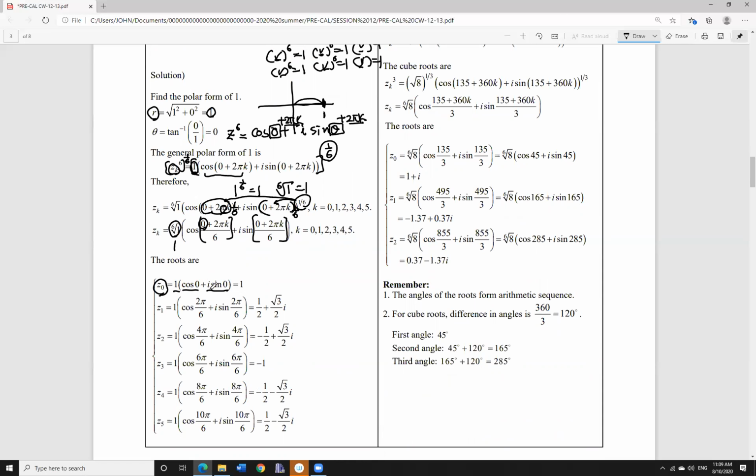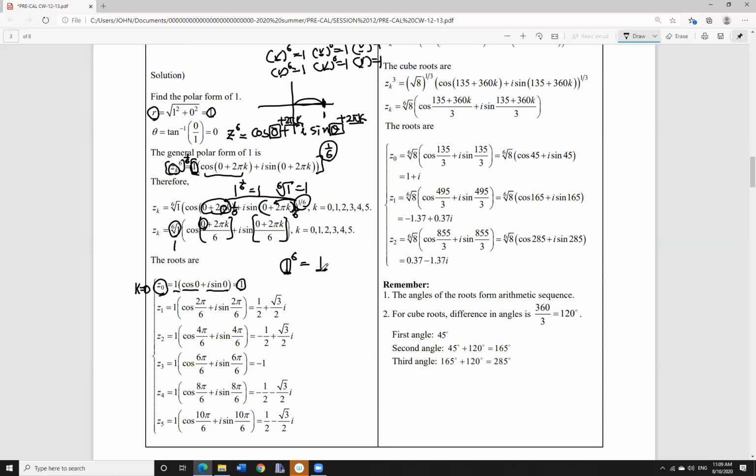The initial angle is what? k equals 0, okay? I use the k over here. This means when k equals 0, we'll have the first root. What is that? 1, isn't it? You can say 1 to the 6th power, still 1. Yeah, 1 is a 6th root of 1, that's it, okay?